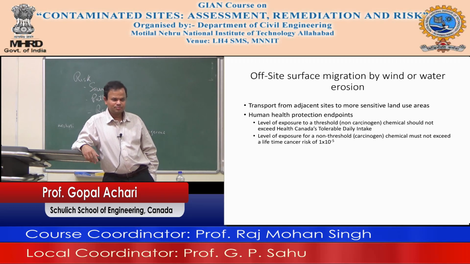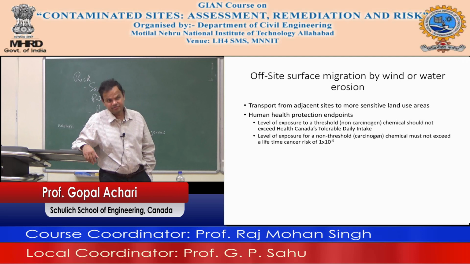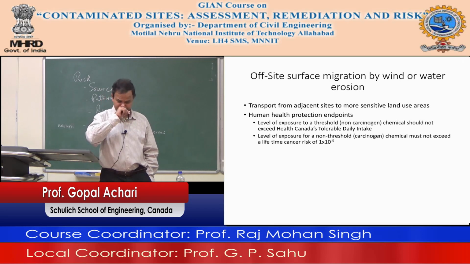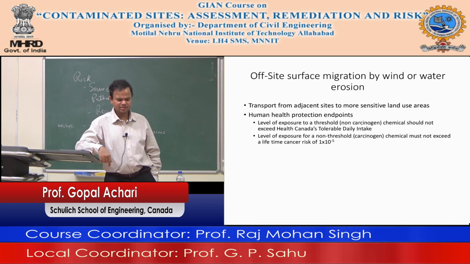So the chances of developing cancer by exposure to that particular chemical over a lifetime of exposure, for a 70 kilogram adult, should not be higher than 1 in 100,000.